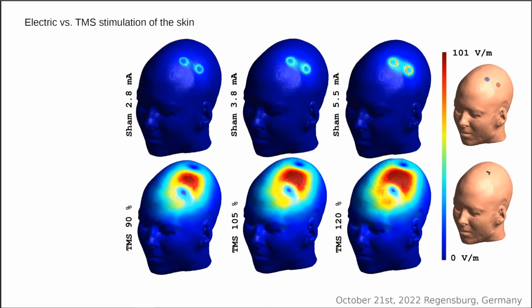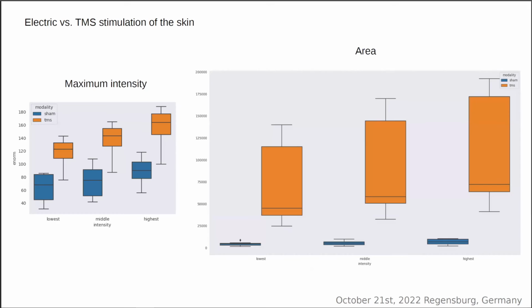The amount of fibers and the quality of stimulation of the fibers in the head are going to be always different, whatever you do. And this is the intensity differences and the area differences.